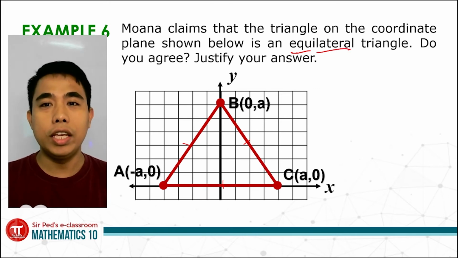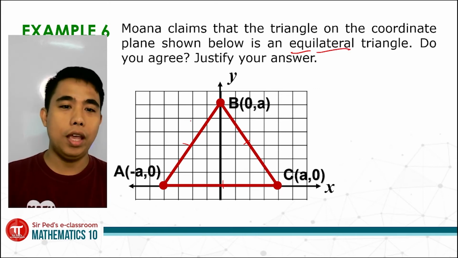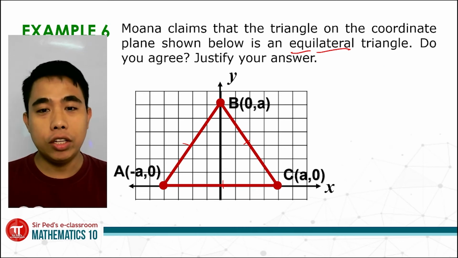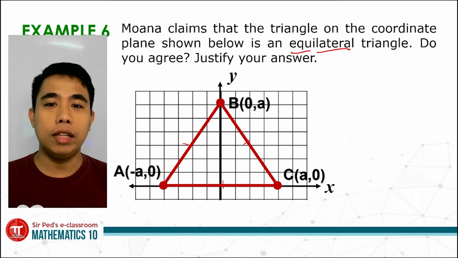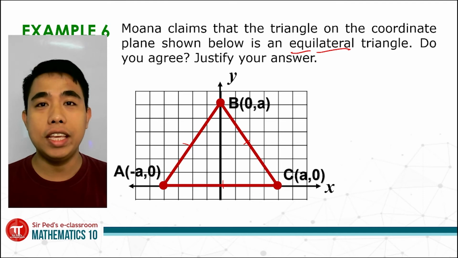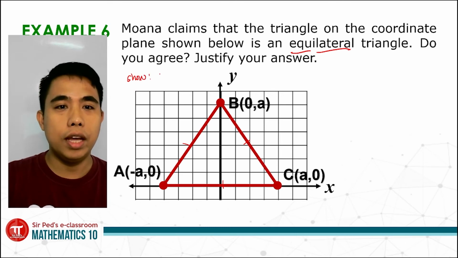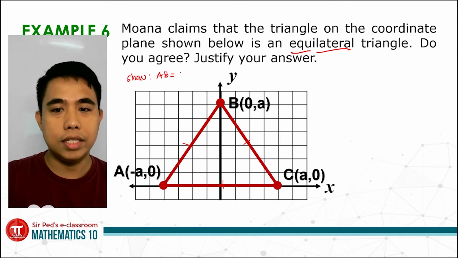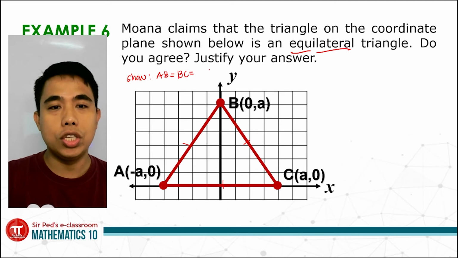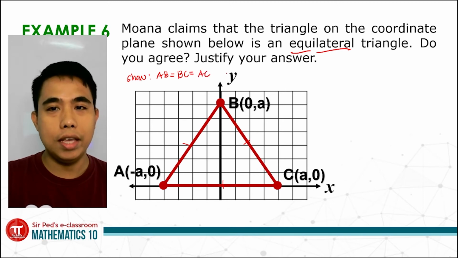So equal sides lahat. Okay? But if you disagree, you need to show that at least two of the sides of the triangle are not equal. Which means we need to show that AB is equal to BC, which is equal to AC.